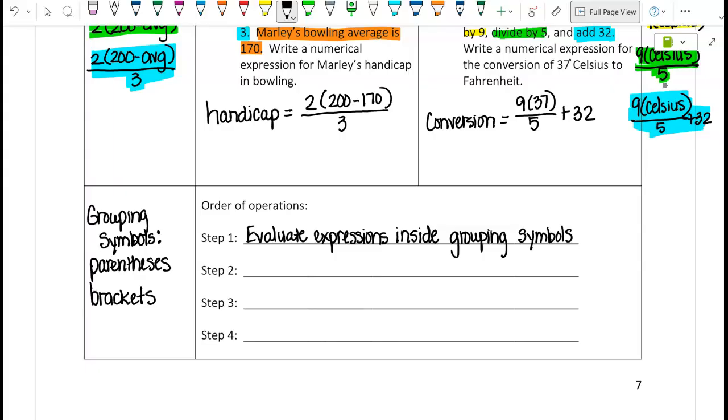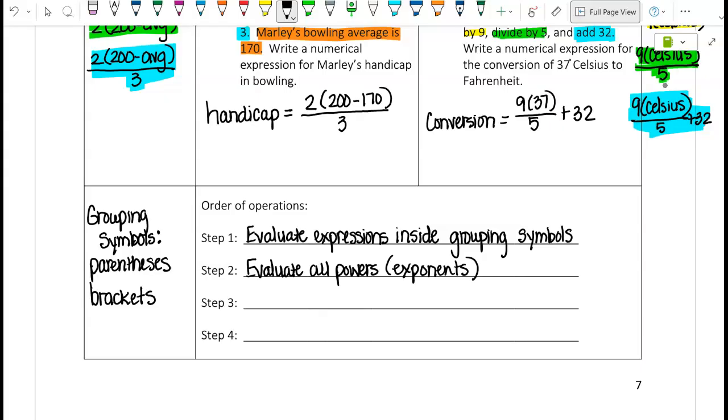Step 2, evaluate all powers. And in parentheses here, I'm going to put exponents because that's what we are talking about.